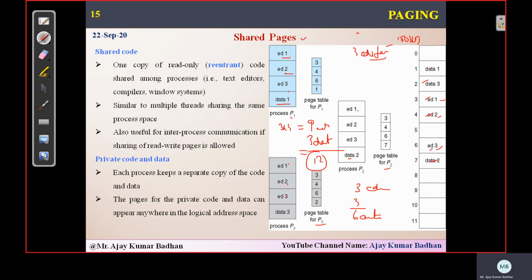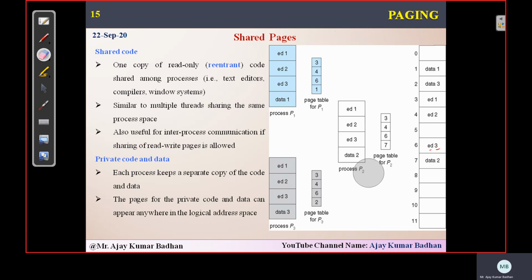Editor 1, editor 2, and editor 3 are shared among the three processes, so we did not upload them 9 times. But each process will be writing different data, so we have data 1, data 3, and data 2 stored separately. That is the best part of shared pages. This technique helps reduce the usage of main memory, because main memory is limited in size.